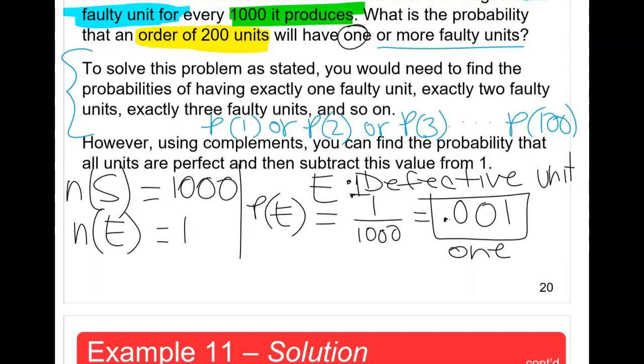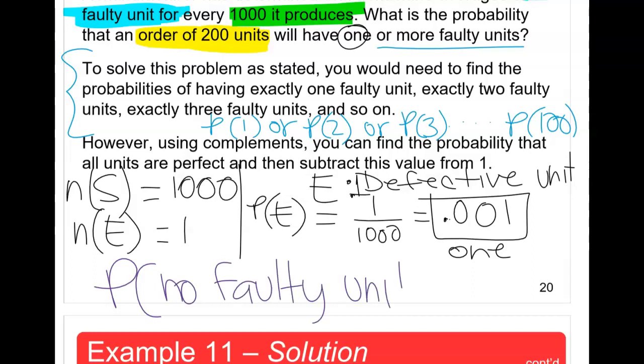So the only event that negates obtaining 1 or more faulty units will be the event of obtaining no faulty units. And so the probability of obtaining no faulty units is actually this fraction subtracted from 1.